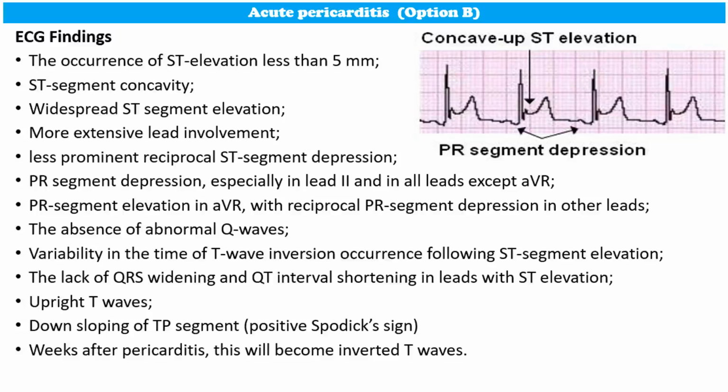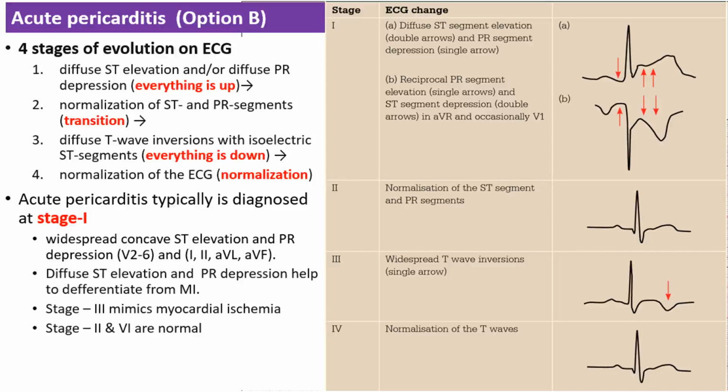As the condition progresses, the ECG changes evolve through 4 stages of evolution. Acute pericarditis typically presents at stage 1, with widespread concave ST elevation and PR depression, in V2 to V6 and leads 1, 2, aVL and aVF. In the first stage, which occurs during the first 2 weeks, the aforementioned ST and PR changes are present.